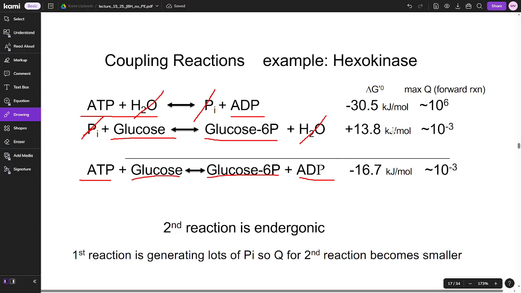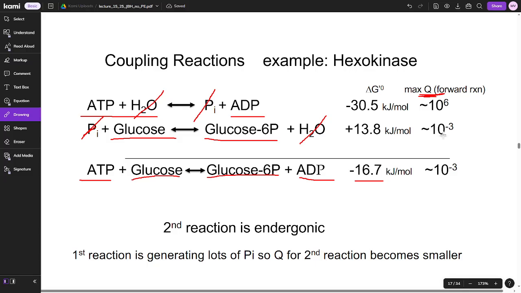Now, if you look at these delta Gs, I know that they're additive. So if we look at this, negative 30.5 kilojoules per mole, and then 13.8, add these together, and I get negative 16.7. The Qs also add together, but what you should know is that basically it's the difference between them. If we look at this, the Q for this is 10 to the 6, so very spontaneous.